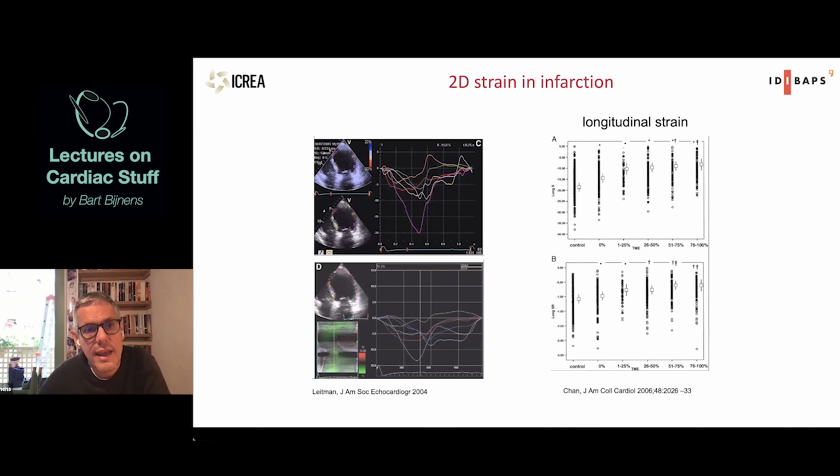One is that when we look at how strain is reported, we have a typical four-chamber view. And what we do is we divide this four-chamber view in segments. Mostly, for every view, we divide it in 6 segments: 3 segments in the septum, 3 segments in the lateral wall. And these are standardized segments.